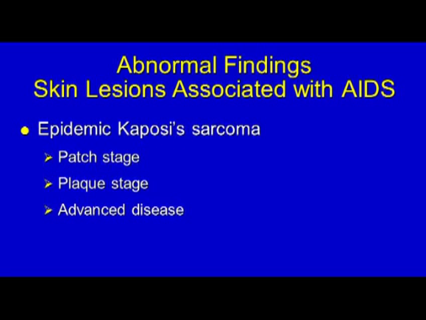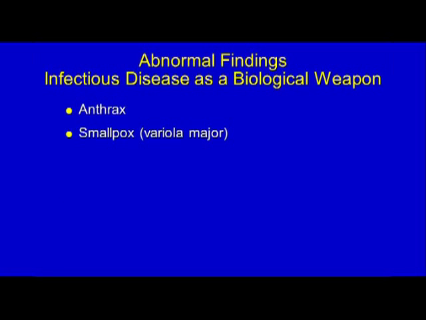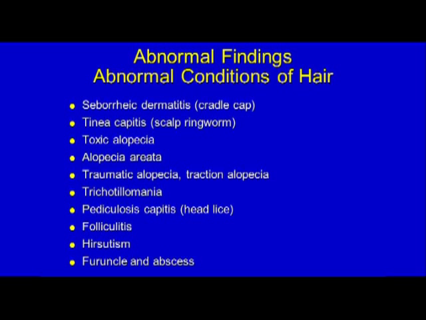And then there are particular lesions associated with AIDS that are also mentioned in your book, particularly Kaposi sarcoma, and some of those lesions, and we are working with more and more people that have AIDS. There are some skin conditions also that are considered biological weapons, and anthrax is one, and smallpox. And then we do have some lesions of the hair.